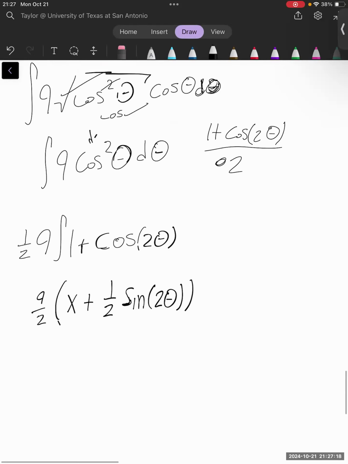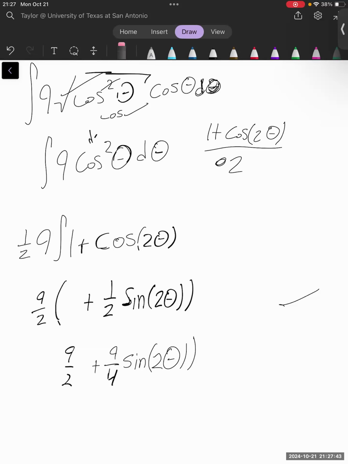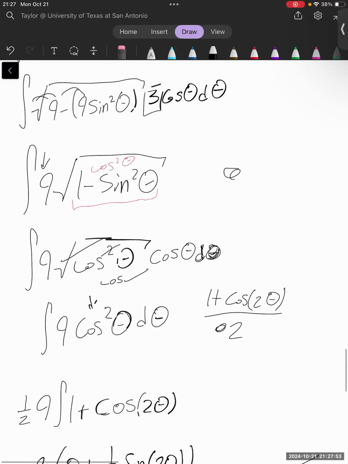Then just to clean this up, I'm going to get 9 over 2 x plus 9 over 4 sine 2 theta. And then, oh, I'm sorry, this is theta, not x. Theta, theta.